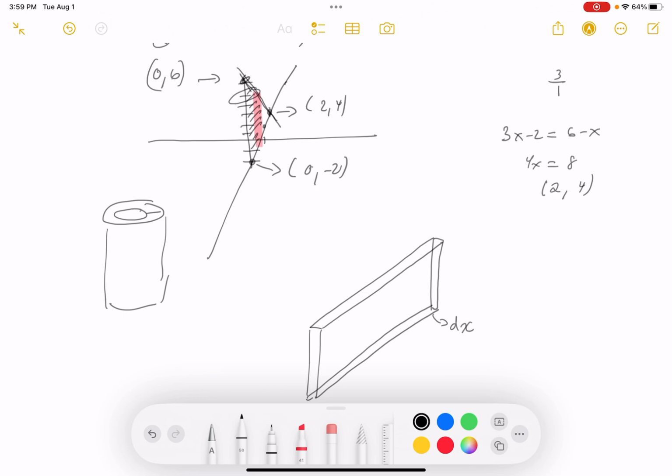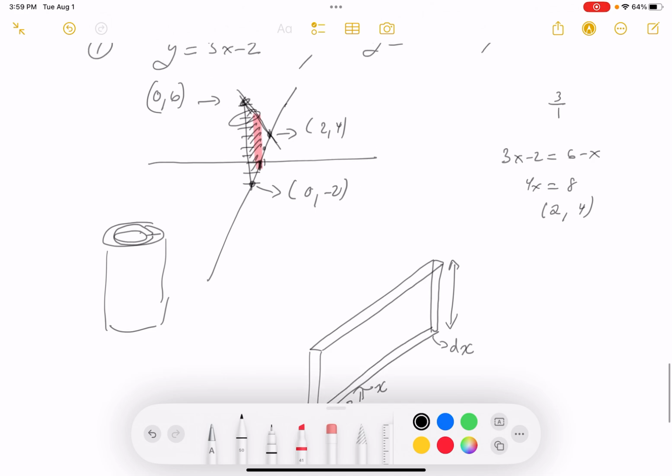So there's a couple of things I need to know. I need to know the length around that, which is just the circumference. And that really is going to be 2 pi times the radius. Well, the radius just corresponds to the letter x. Now, I want to do the height of it, because I need 3 dimensions. It's going to be upper minus lower. What's the upper curve? Well, it's 6 minus x.